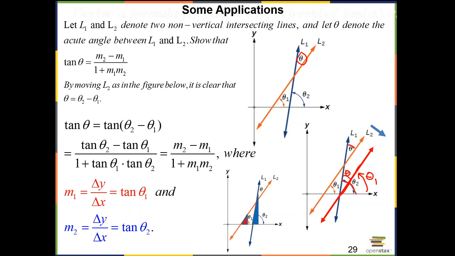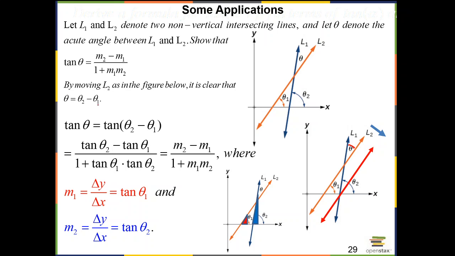So this theta here is theta 2 minus theta 1, right? It may not be obvious when they're in that position, but if you move this red one over here, then you see that the angle that they make is actually theta 2 minus theta 1.